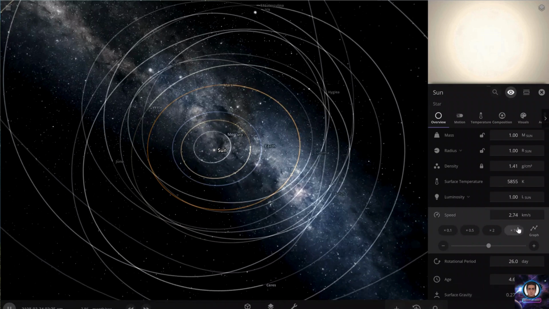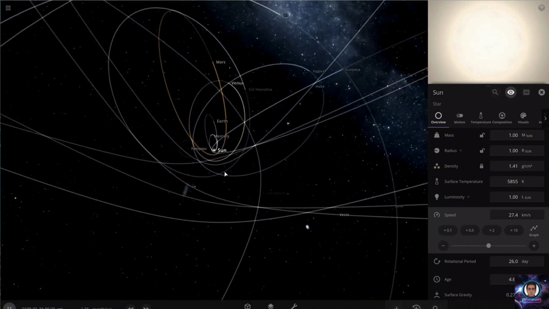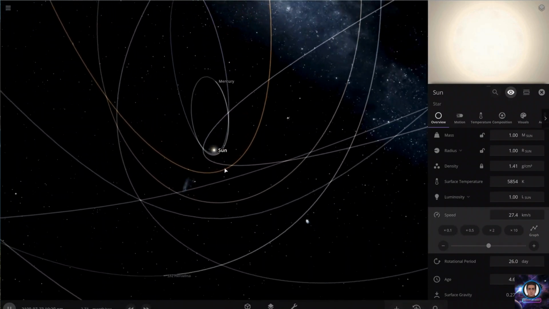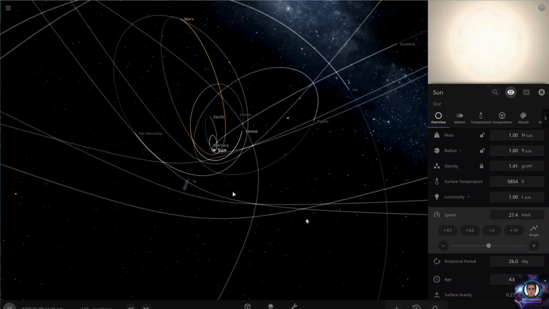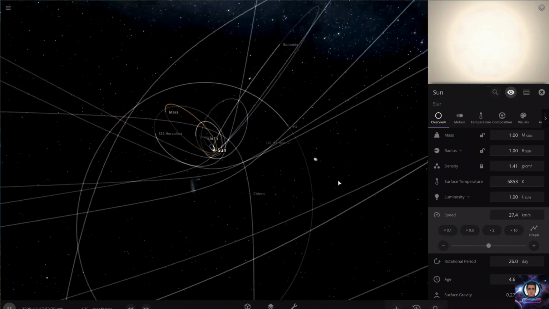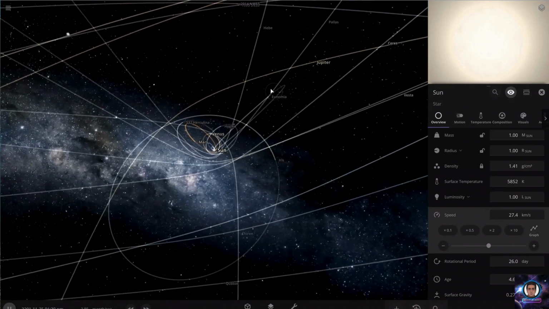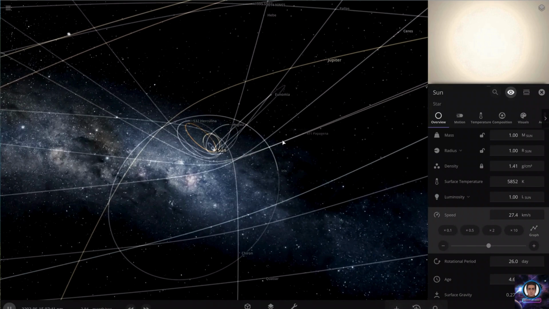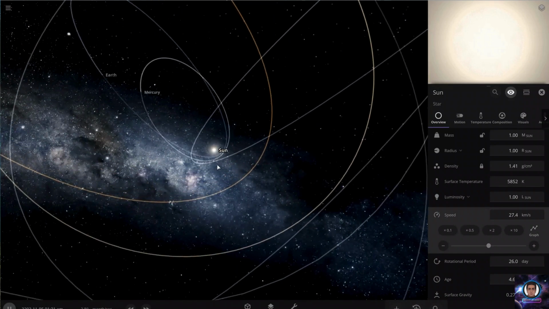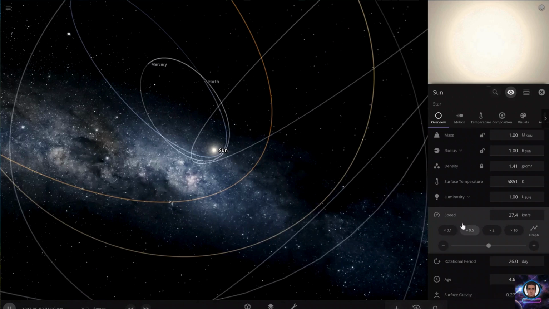By the way, we have increased the speed of the sun, and the sun is going much faster, and you can see how it can affect the orbits of all planets. When the sun goes faster, lots of orbits of the planets are being changed. Some of them cannot even follow the sun anymore, and some of them are going around the sun much faster.